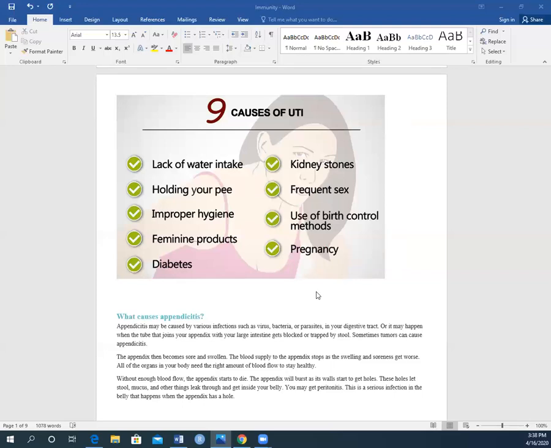Feminine products. In the female, the reproductive tract entrance and the urinary tract entrance are side by side. So you are sticking a foreign object in your reproductive tract.